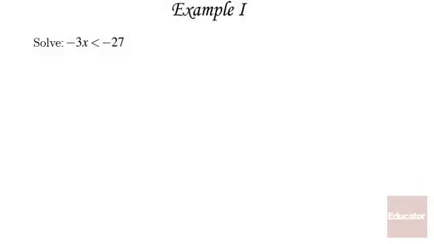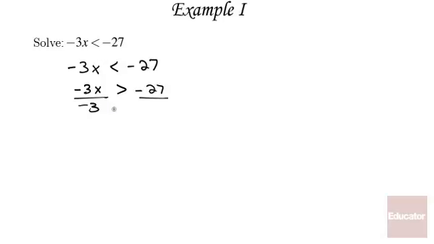Looking at example 1, we have -3x is less than -27. I need to solve that. I need to isolate x, and in order to do that, I'm going to need to divide by -3. But as soon as I start thinking about dividing by a negative number, I've got to reverse the inequality symbol. So instead of less than, this becomes greater than. This gives me x is greater than 9.